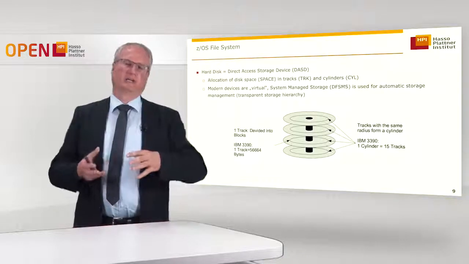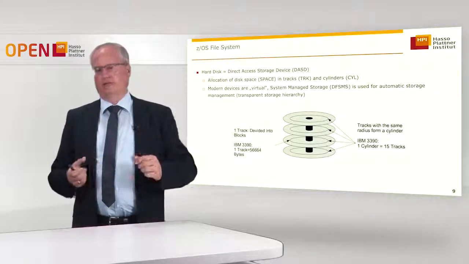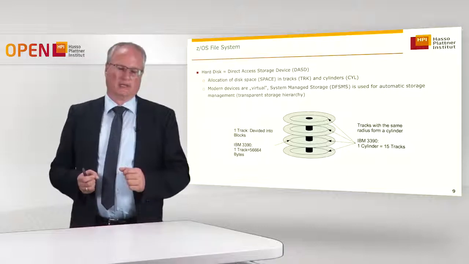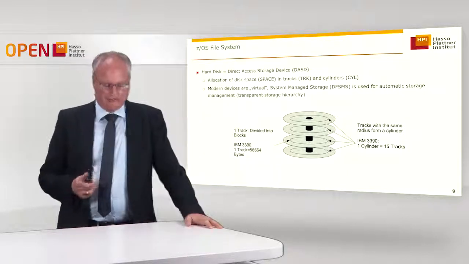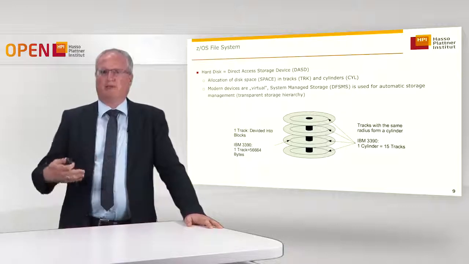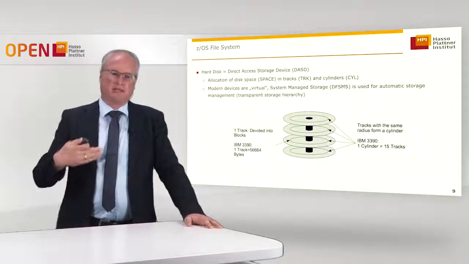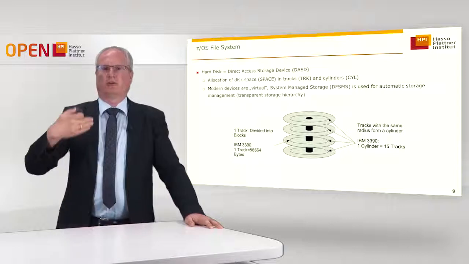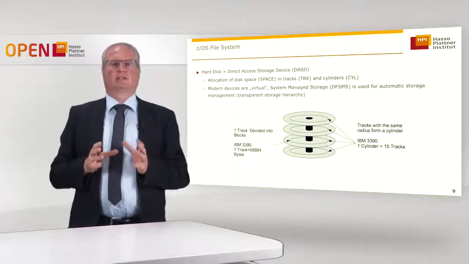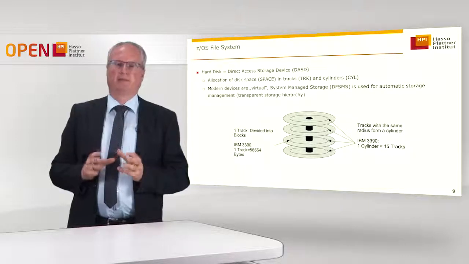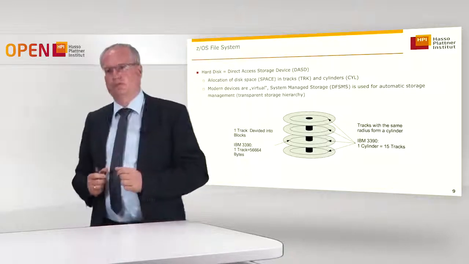It moves out files that are not frequently used, for example, from disk to tape or to other media, in a transparent way, so the user does not see that. If he later accesses the file, it's automatically recovered from tape, for example. So these are nice features which allow a transparent storage hierarchy depending on the frequency of use of data sets.